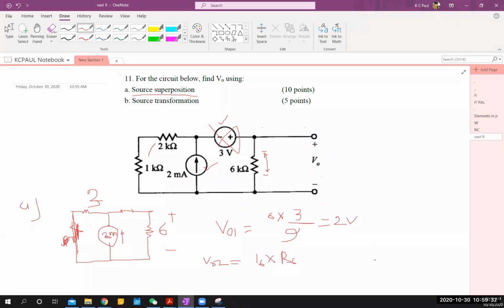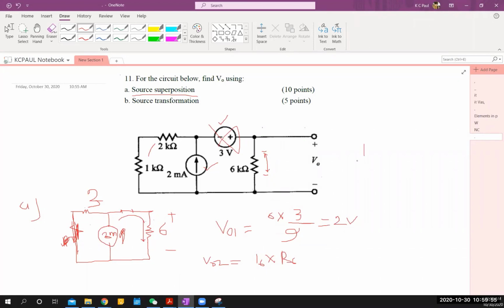Any idea? Parallel, right. So you have to use the current divider rule to find the current flowing here. Because current is flowing in the upward direction, that current should come this way. That means you are good to go with the symbol, I mean plus minus.